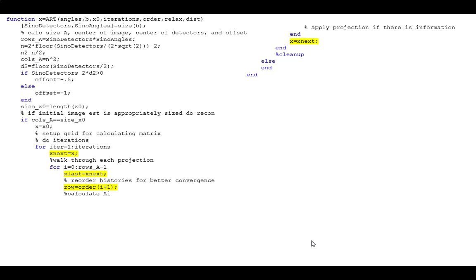So this just makes it very clear. At the end of this for loop, I want X. So what's going to come in will be X. And I probably should highlight that one here just to show that connection. When I'm doing the individual things, my previous estimate was X last, and I'm generating a new X next.